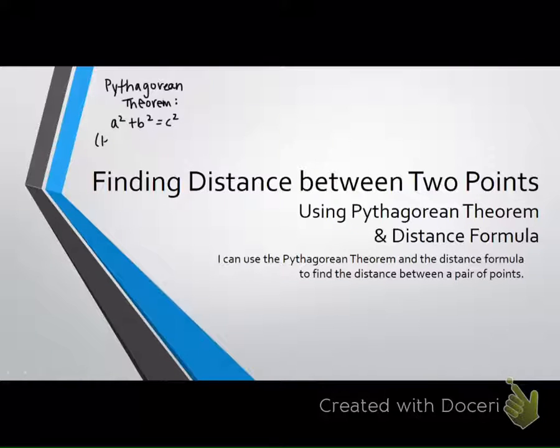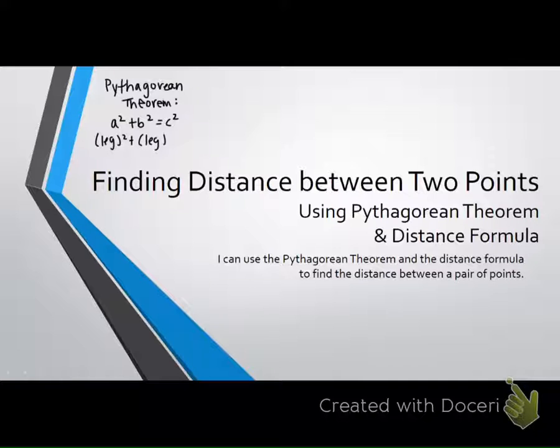To simplify, leg squared plus leg squared equals hypotenuse squared. And this is only in a right triangle. The hypotenuse is always across from the right angle. So just a little recap of yesterday's lesson.